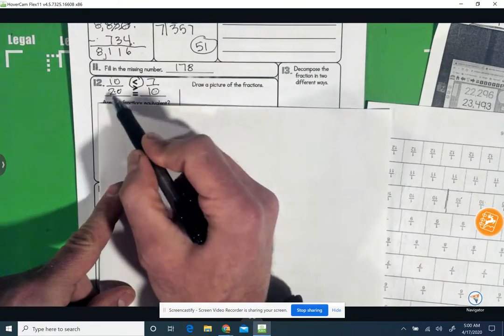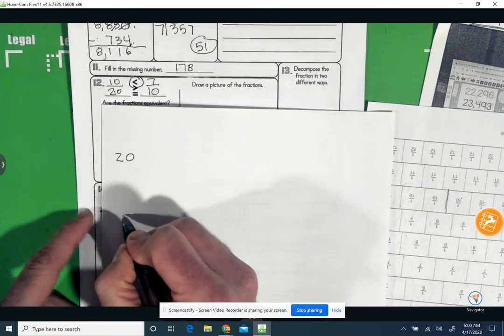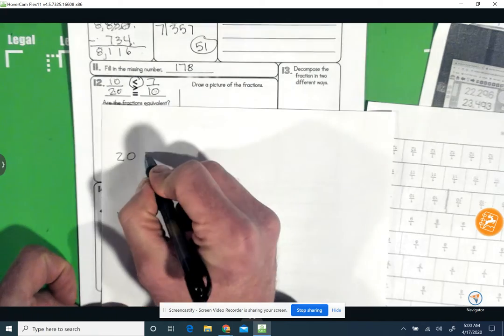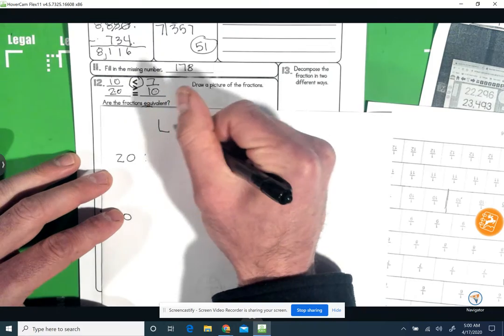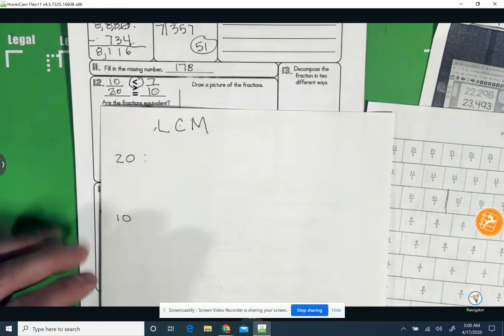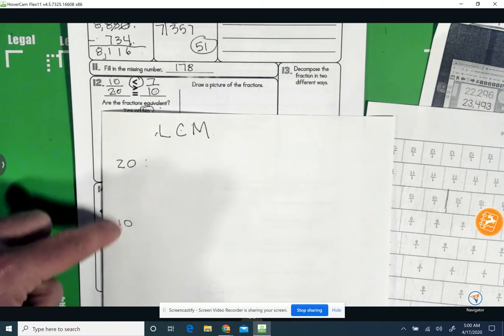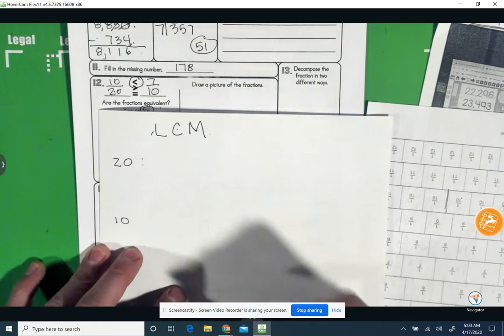So we have a denominator of 20, and we have a denominator of 10. Now, what we want to do is find the LCM, the least common multiple, the smallest multiple that these two denominators have in common.